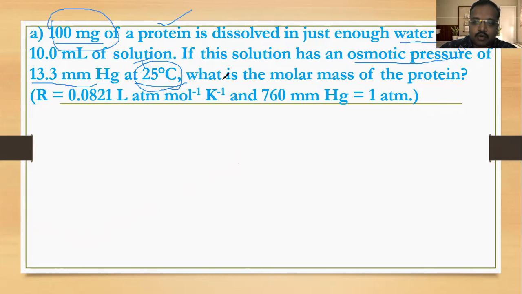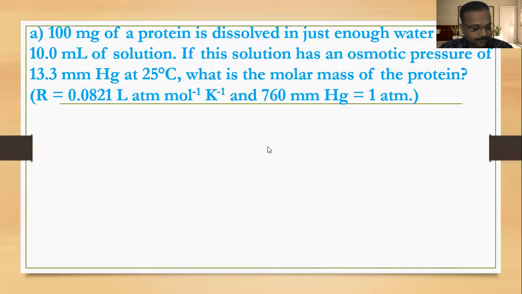So what is the molar mass of protein? Children, what is asked to find out here? Molar mass of protein, meaning M2. M2 is asked to find, right? I hope the question is clear to you. Shall we go into the answer? Yes, sir.